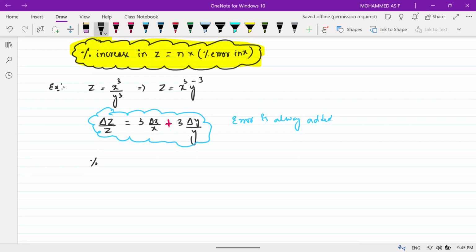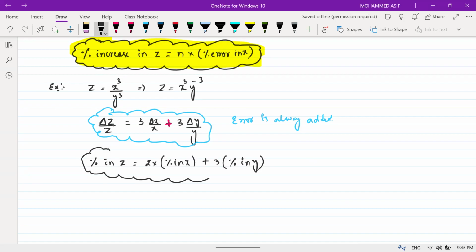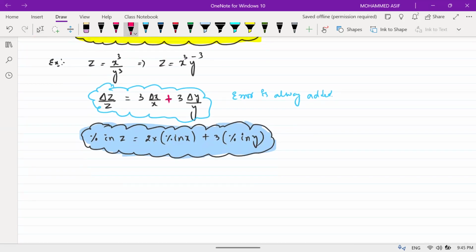Percentage error in Z is equal to 3 into percentage error in X plus 3 into percentage error in Y. That will be your answer. Am I clear with this example? Yes, sir. Any doubt in this one?